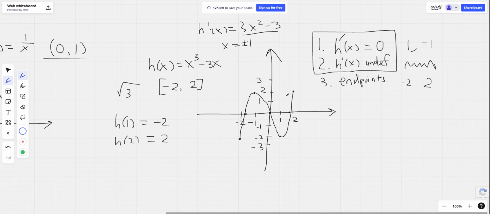Now, I'll write the rest of our results here. So in this case, it's kind of special because we've tested all of our critical points, and there are two of them that share the highest value.